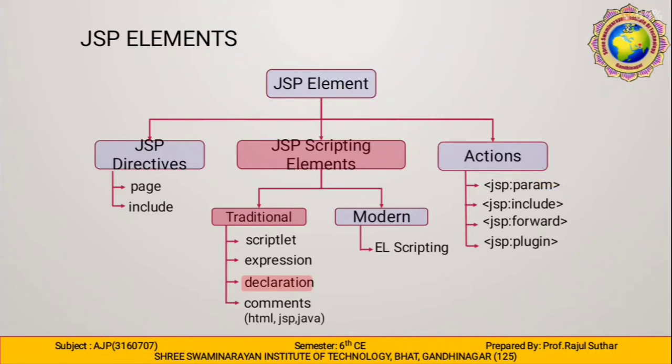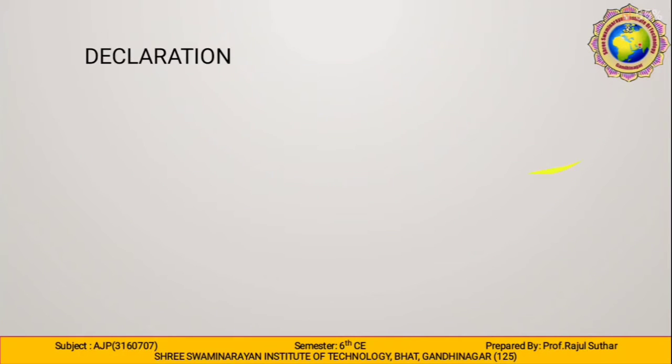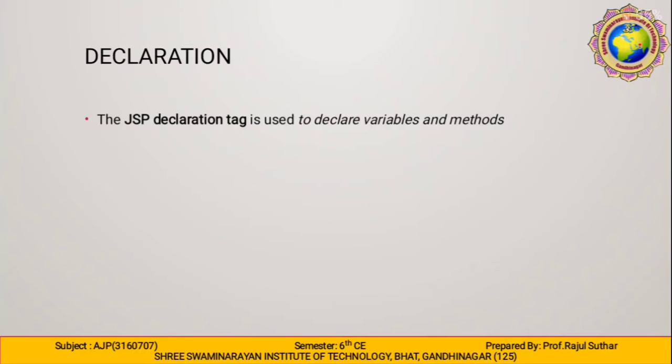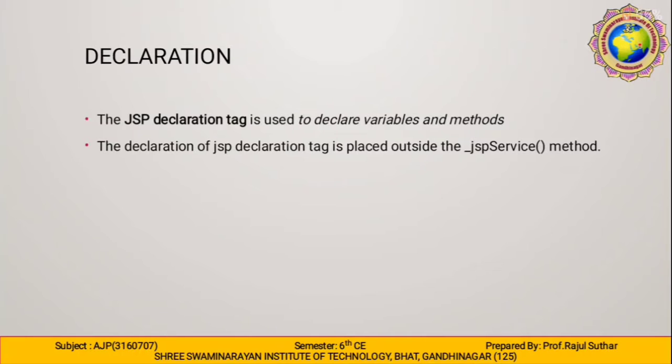Then let us discuss the declaration tag. The JSP declaration tag is used to declare variables and methods. The JSP declaration tag is placed outside the JSP service method. Here the syntax is less than percentage sign, exclamation sign, then the variable or method declaration between this tag.